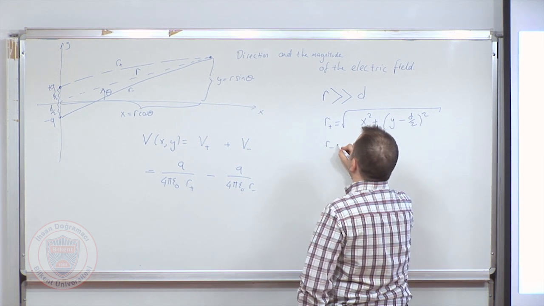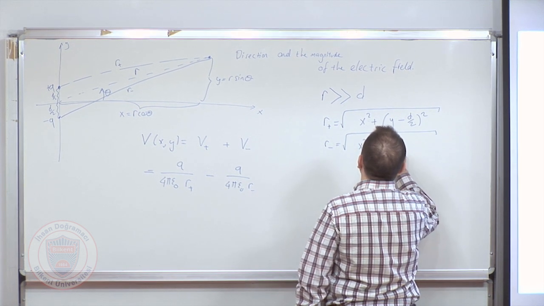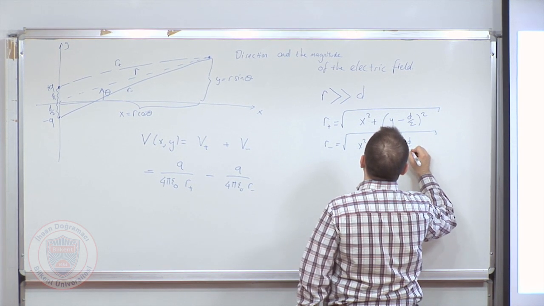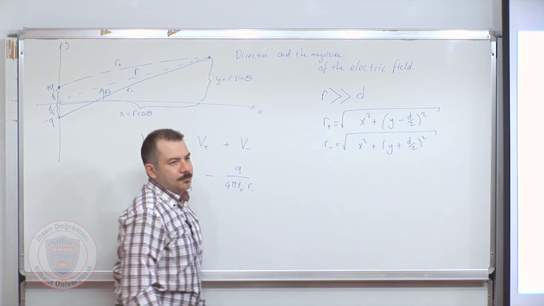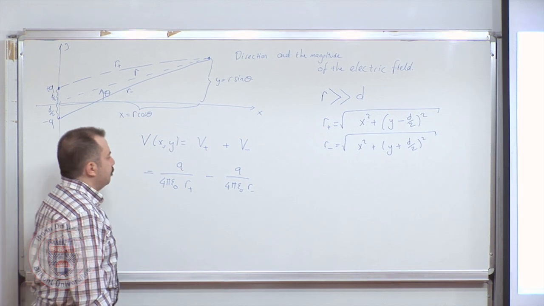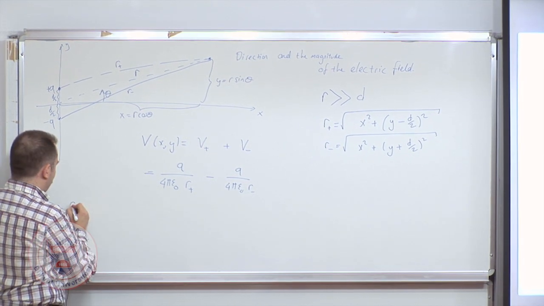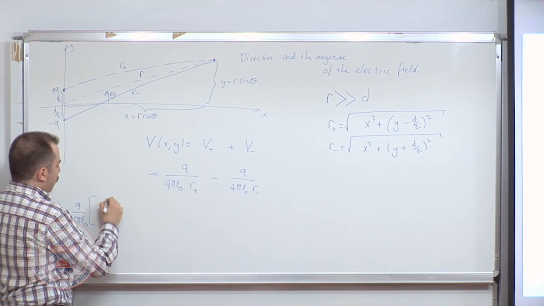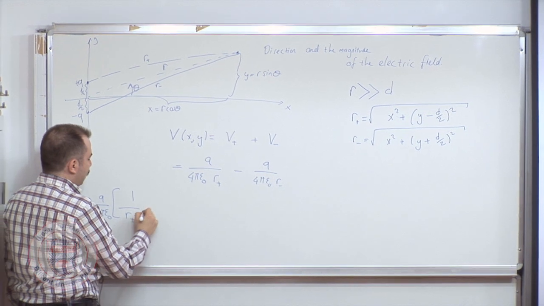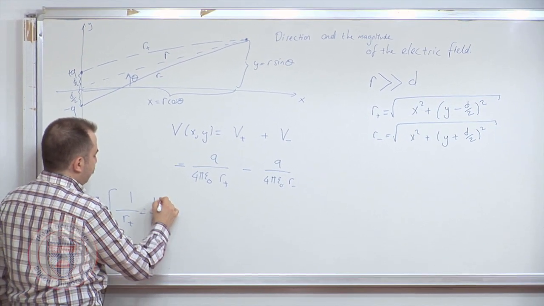And r minus will be the square root of x squared plus (y plus d over 2) squared. Right? So it all looks really simple. Q over 4 pi epsilon 0, 1 over r plus minus 1 over r minus.